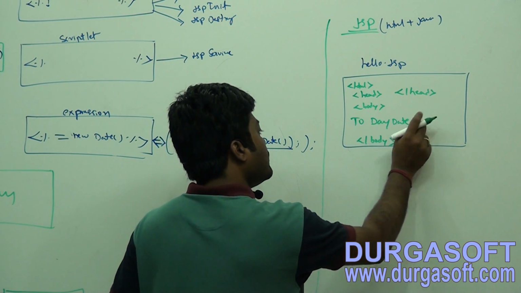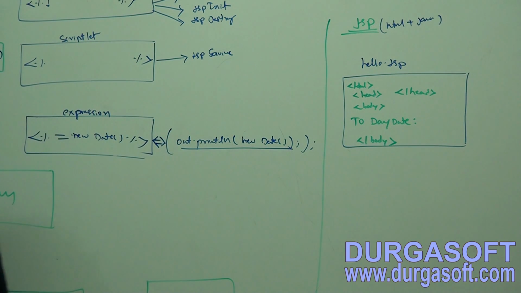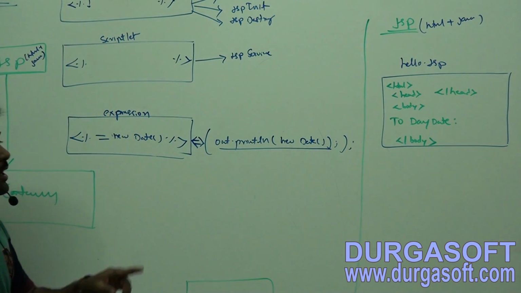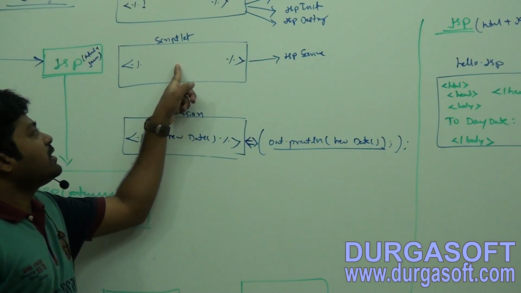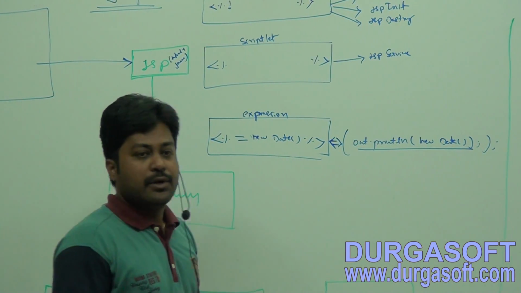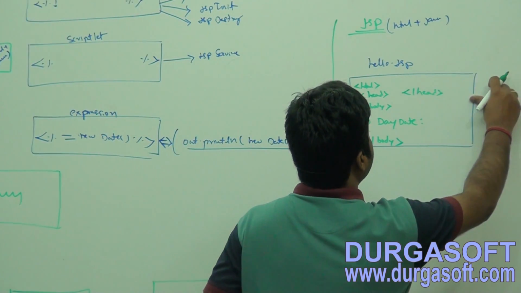Now here I require dynamic code. So what can I use over there? I can use an expression or else I can use out.println. If it is out.println, I should write it under a scriptlet. If it is an expression, directly you can use it. So you can use those two approaches here.